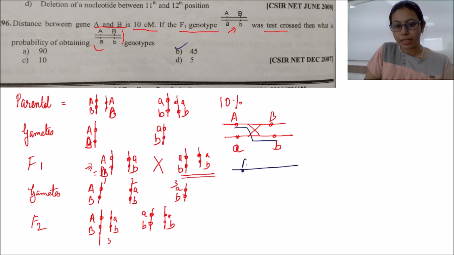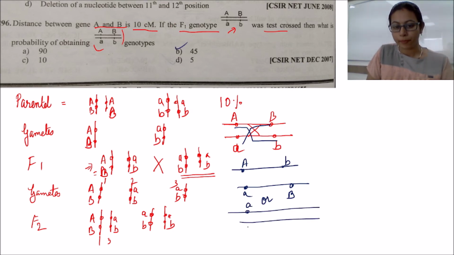So what should the result be? It will be capital A, small b, and the other one will be small a, capital B, because from here it will go toward this side, or likewise capital B, small b.